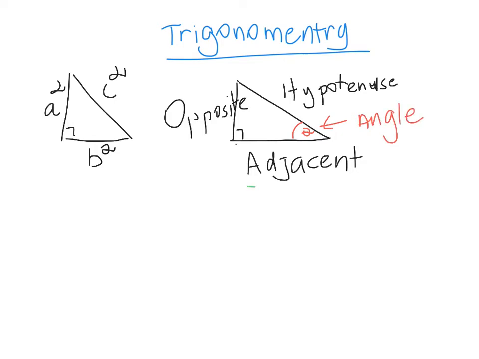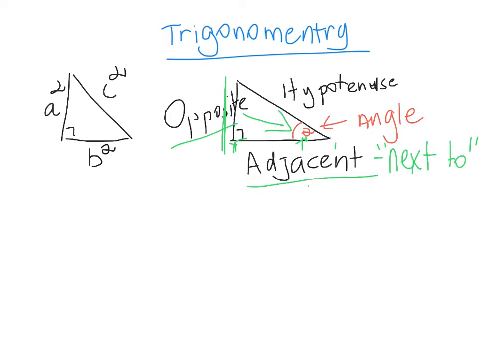So this one from here to here is called adjacent because it's next to the angle. When you talk about adjacent, it means next to. If I was sitting adjacent to you, I'd be sitting next to you. This one is opposite because this line here is sitting opposite, on the other side of the angle.